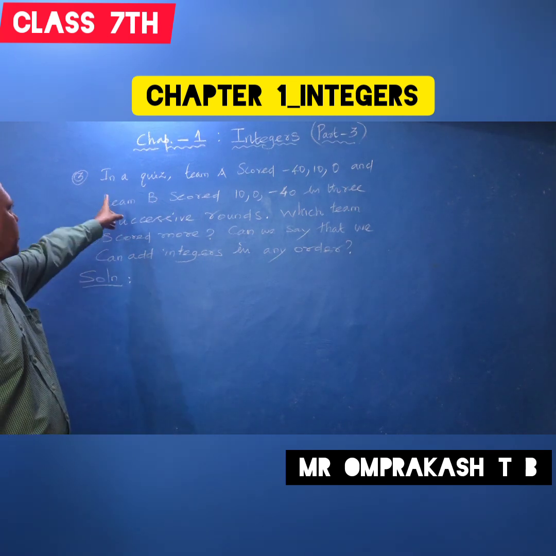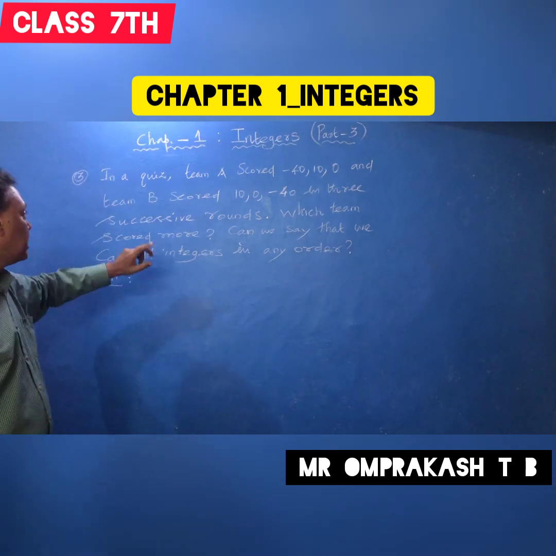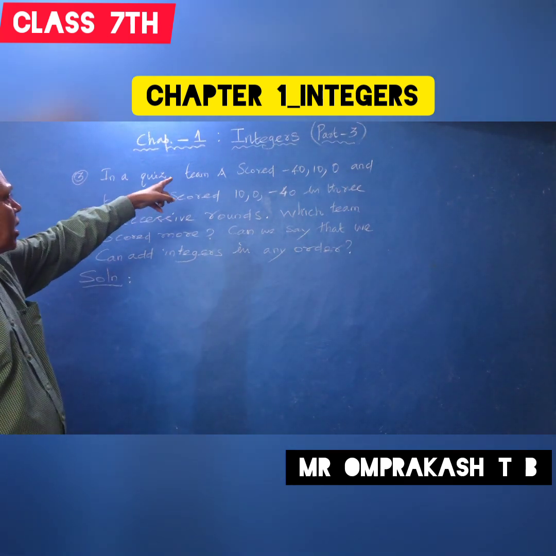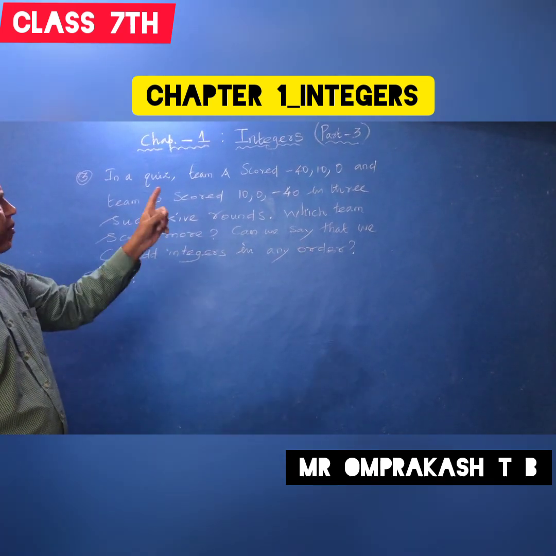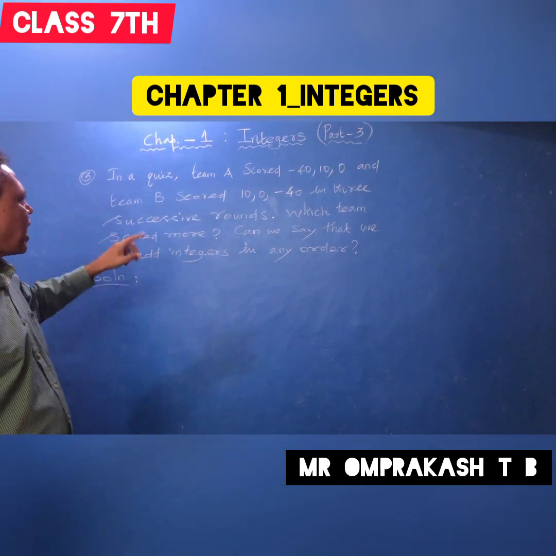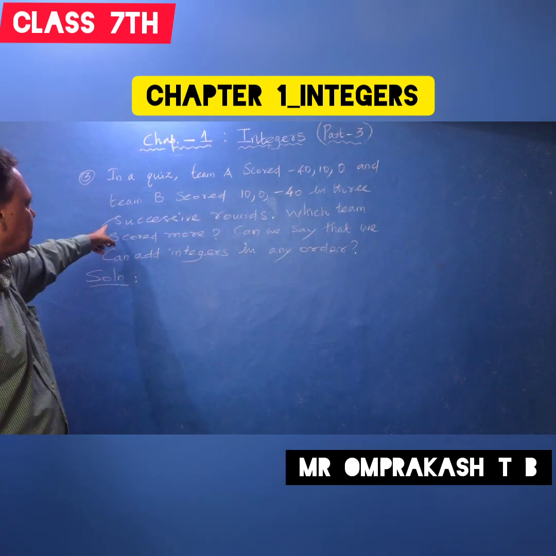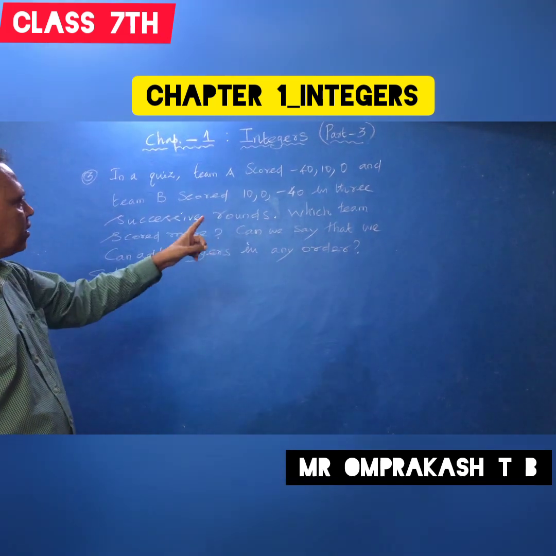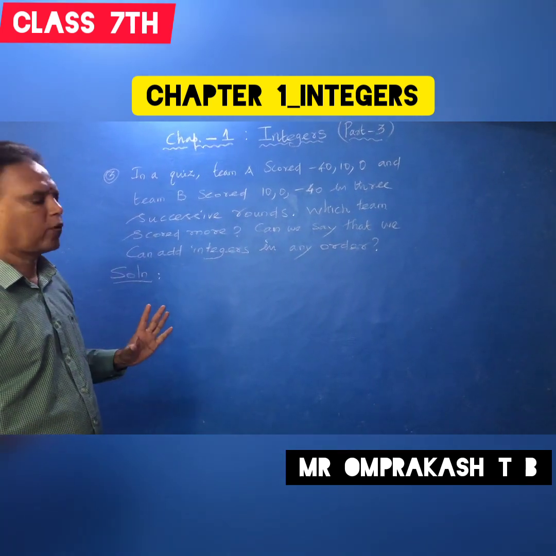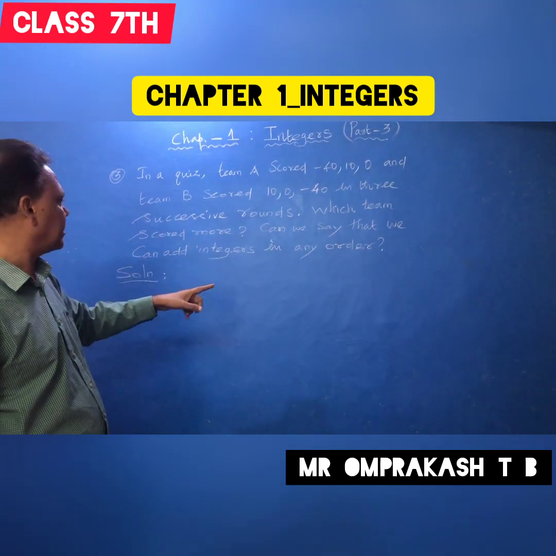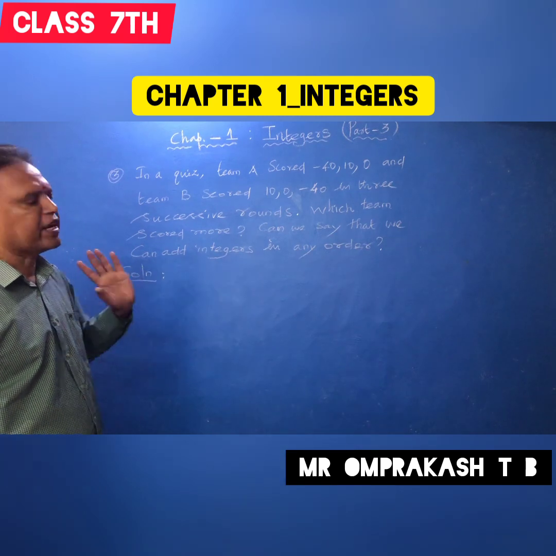You see next problem, third problem you see. In a quiz, team A scored minus 40, 10, 0 and team B scored 10, 0, minus 40 in 3 successive rounds. Which team scored more? Can we say that we can add integers in any order?